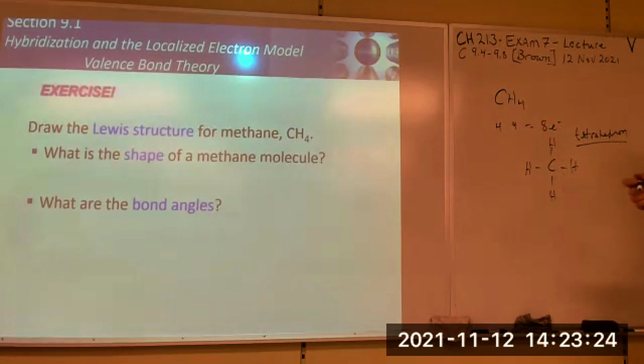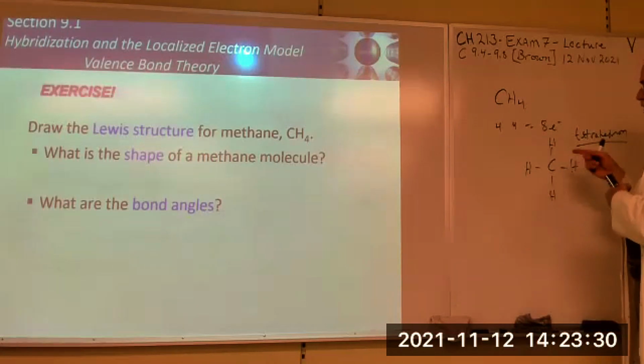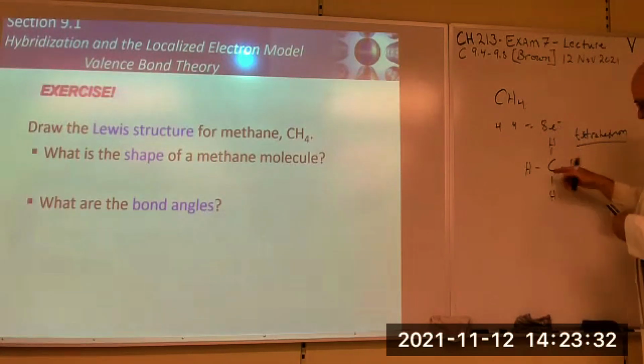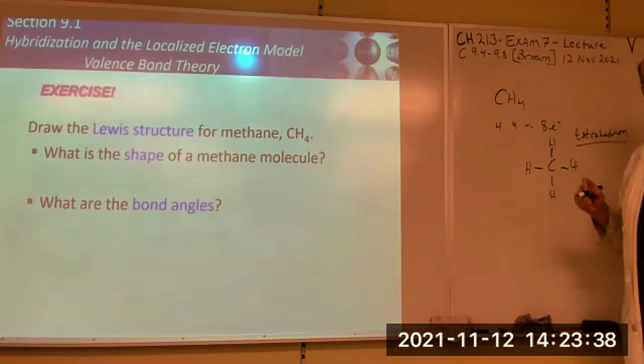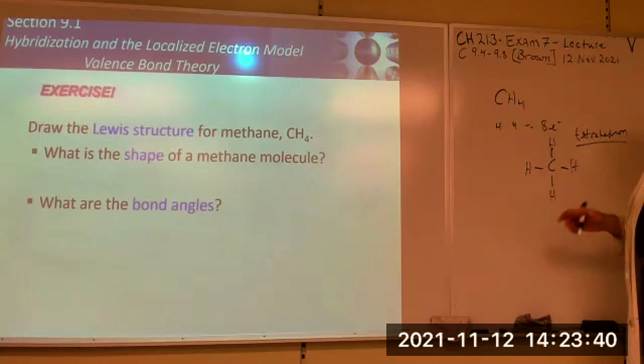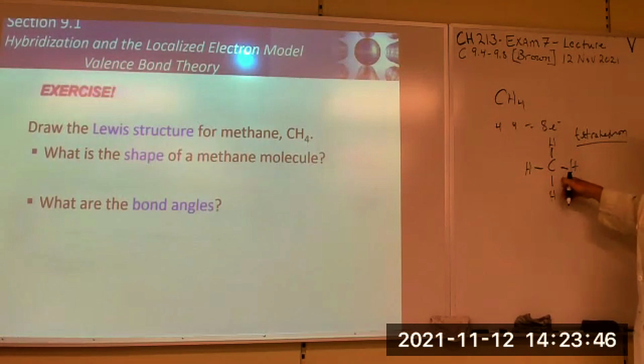The problem is the valence bond theory says that the bonds used to form these single bonds are derived from the individual atomic orbitals that overlap for these atoms.